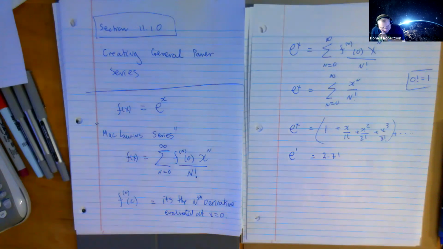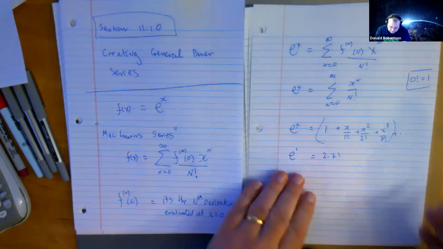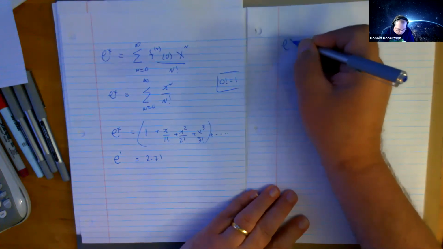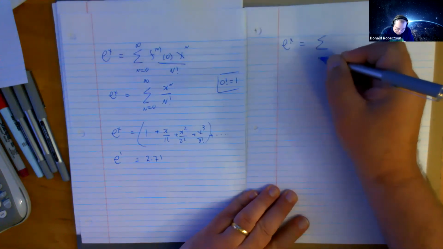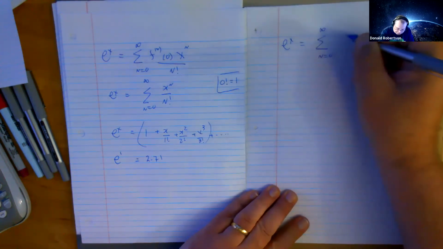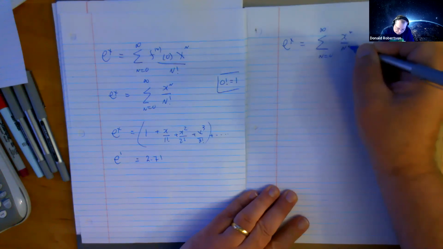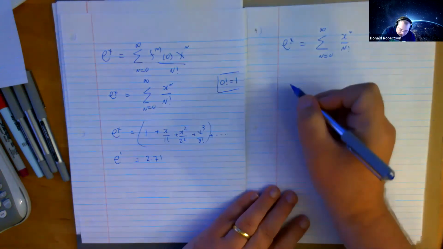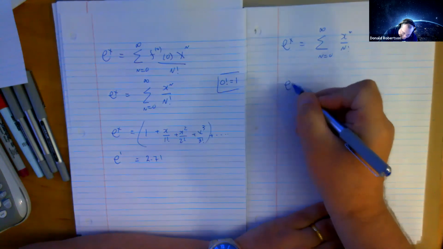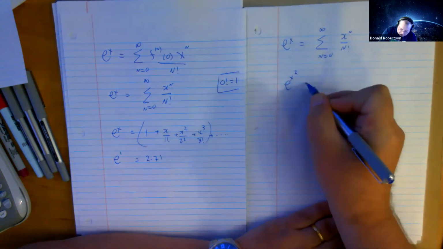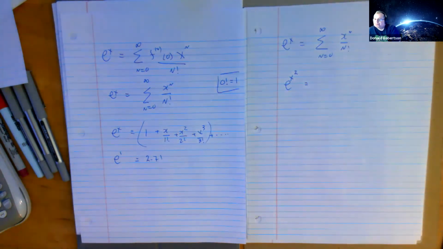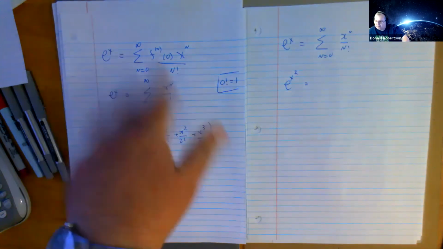Well, that's e to the x. So I'm going to put that guy in my little I now know who you are list. And I would like to know the power series of e to the x squared. And I don't want to do that derivative thing.